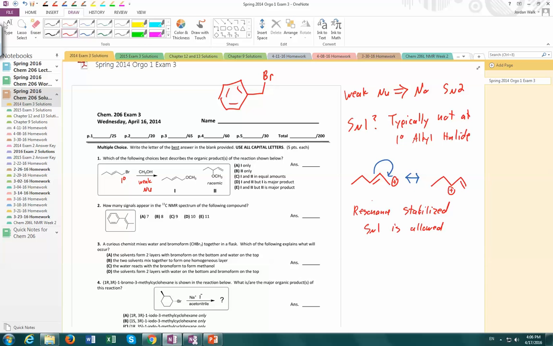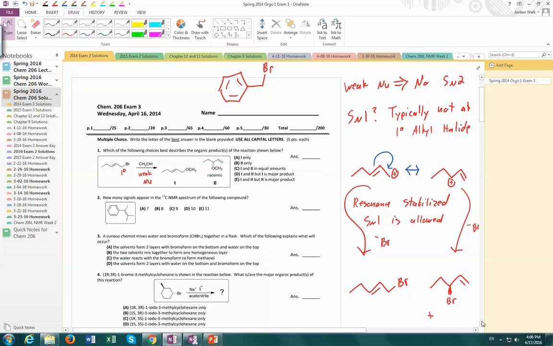So what we have is reactivity at both. If we have our bromine react at this one, we're going to end up with this product. And if we have reactivity at this carbon, we're going to end up with this product plus what? Yeah, plus an enantiomer.